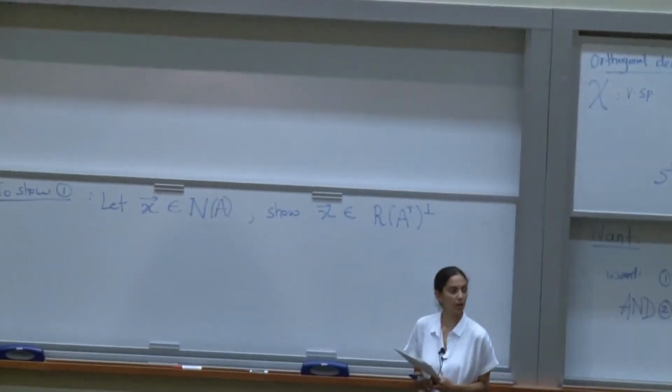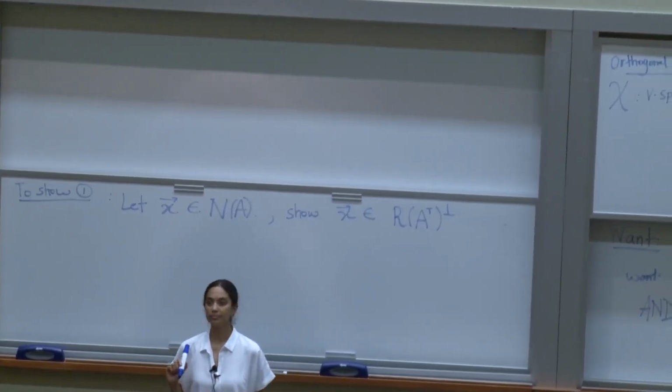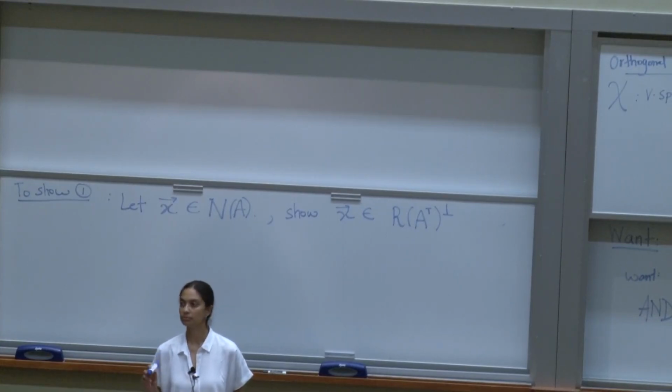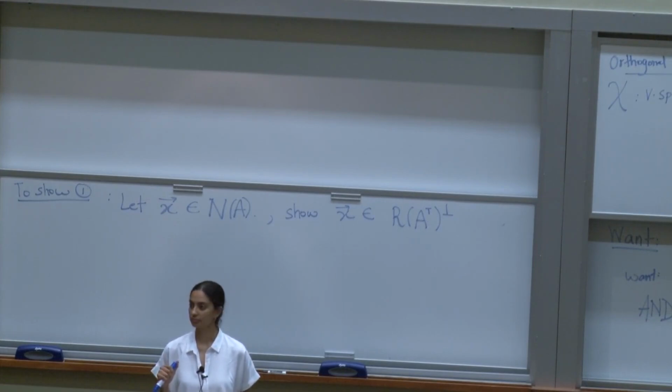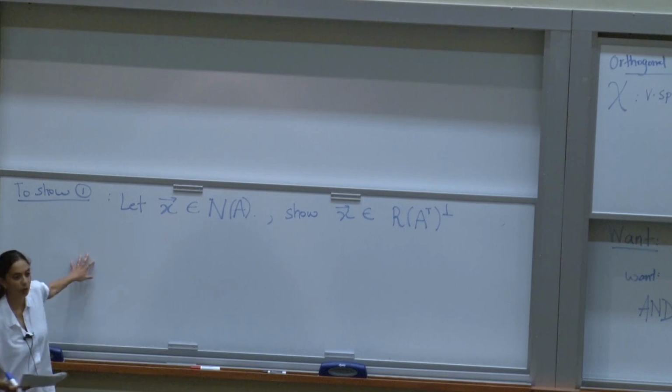So, how many people have any ideas? Anyone want to share an idea? Someone who hasn't spoken yet. Okay, we'll wait. Choose an x that's in the null space of A. So what do we want to show?